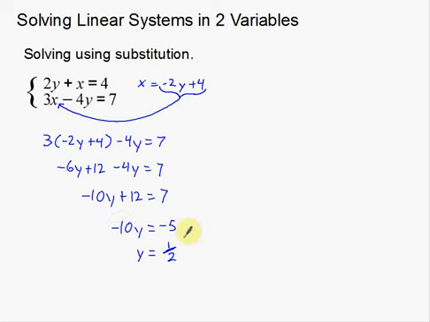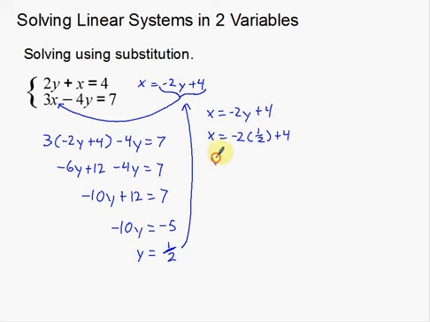All right, so that is what y is equal to, and just like last time, we're going to take this and plug it back in to what we used for substitution to figure out what x is going to be. x equals negative 2y plus 4. So I'm going to take out the y and plug in 1/2. So x is equal to negative 2 times 1/2 plus 4.